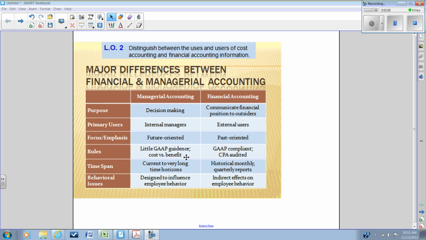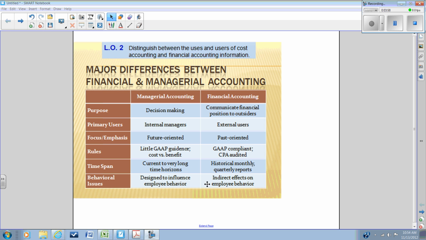That is, we will not set up systems to collect and analyze data if the benefit of them does not exceed the cost. Financial accounting is historical. In managerial accounting, we could have some short-term planning and some very long-term planning. So it can be within 1 year or greater than 1 year.